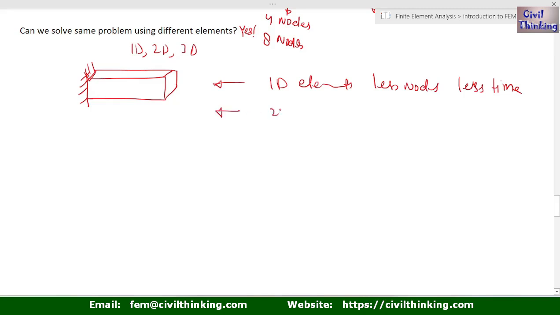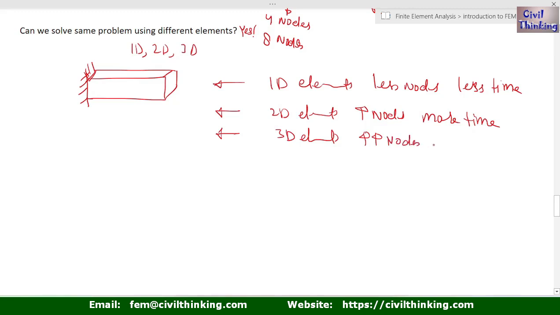Now if you use 2D elements, there will be more nodes, so of course it will take more time. Now if we use 3D elements here, then we will have an even greater number of nodes and the computation time will be very high. Okay, high time.